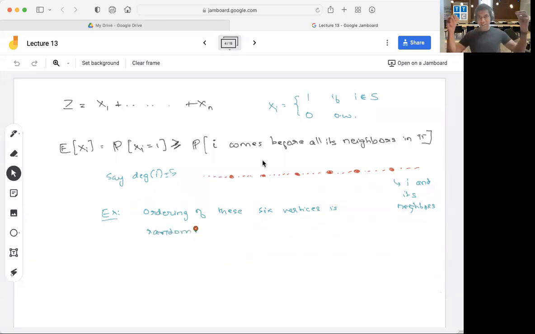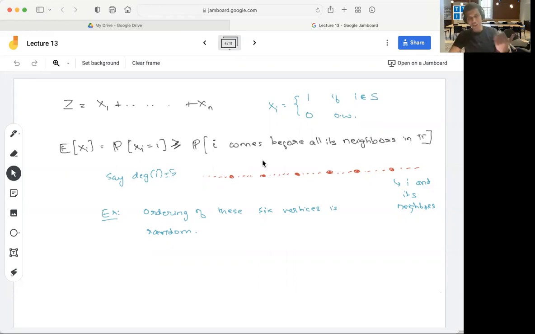If we have a random order on all the vertices of the graph, so one of the n factorial permutations, then when you look at the order of these 6 vertices, there are 6 factorial or 720 possibilities, and each one of them is equally likely. So you can kind of go backwards.